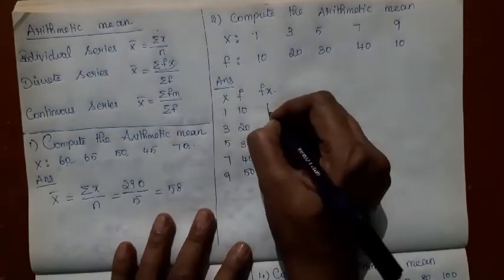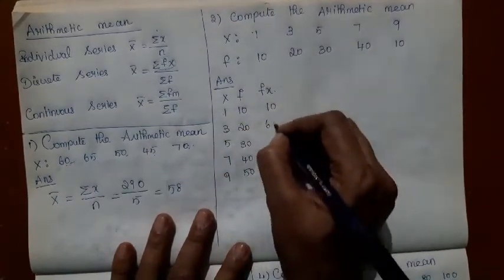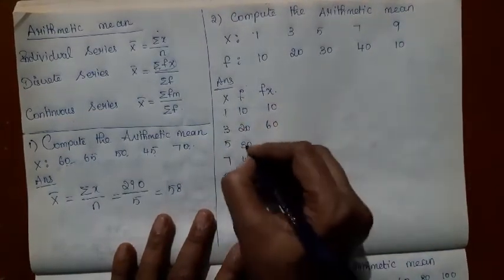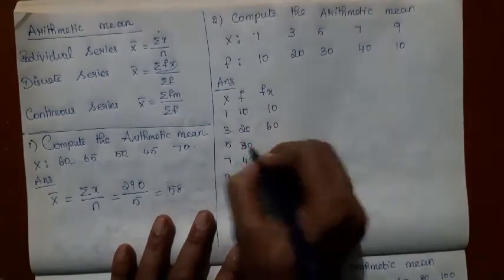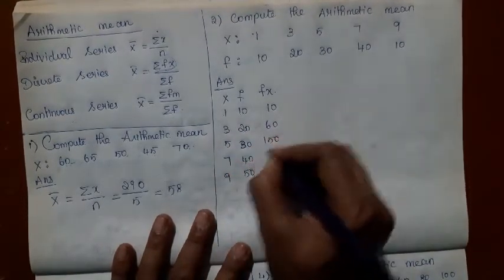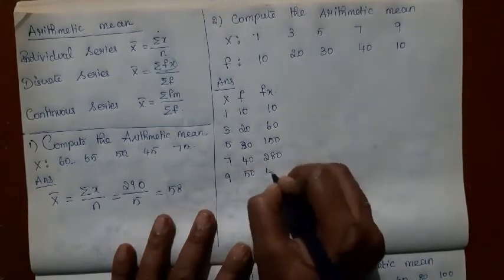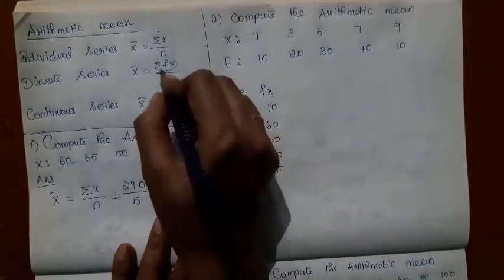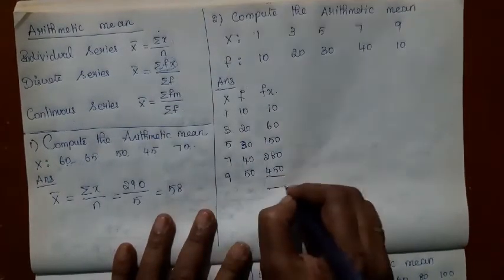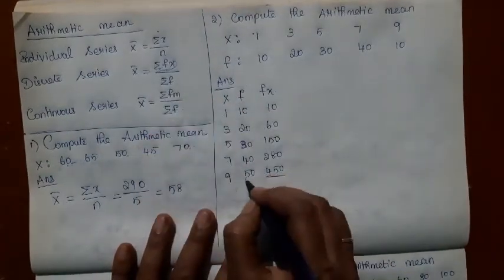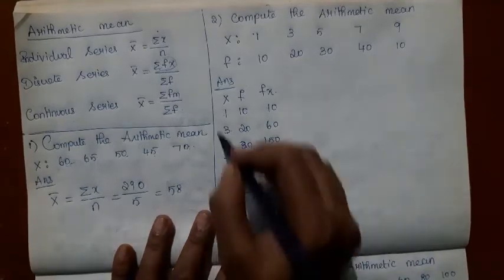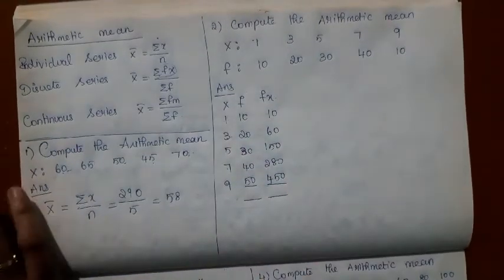Multiply the corresponding values: 3 into 20, 5 into 30, 7 into 40, 9 into 50. You need summation fx, so add these values. You need summation f, add these values. You need not add the values of x, right?